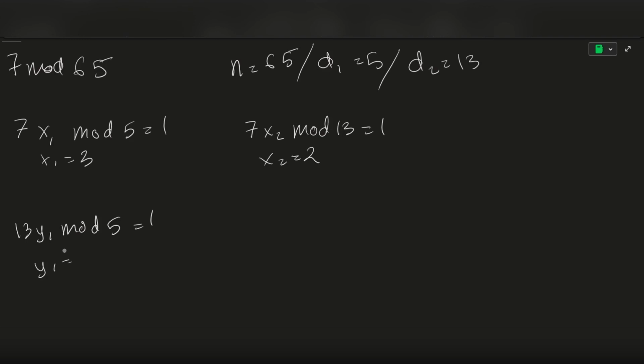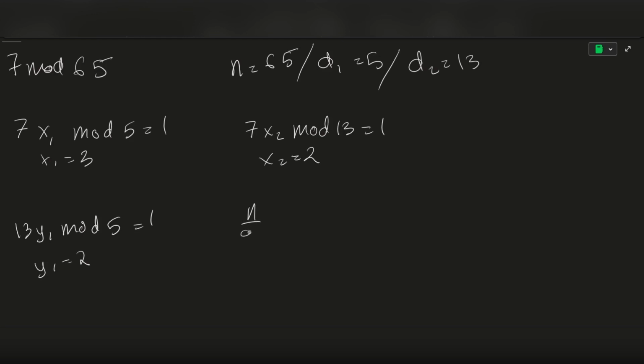What number do we have to choose? We have to go through it. 13 mod 5 we can't have, because that will be a remainder of 3. But if we do 26, which is times 2, it will equal 1. So y1 would be 2. So this becomes 26, 26 mod 5. If we minus 5 each time, we'll get a remainder of 1.